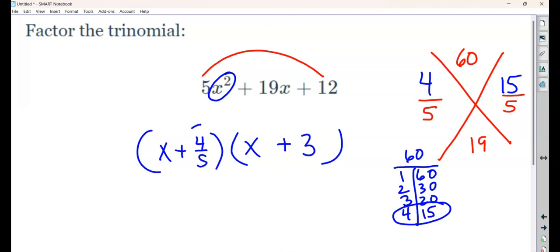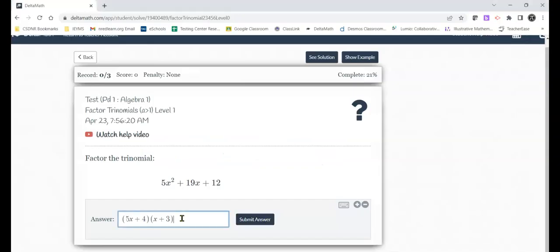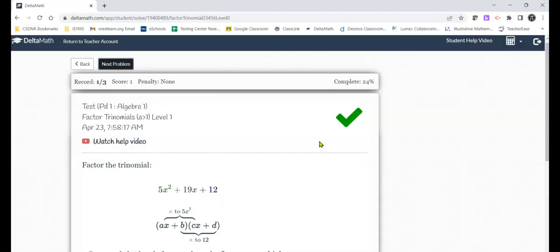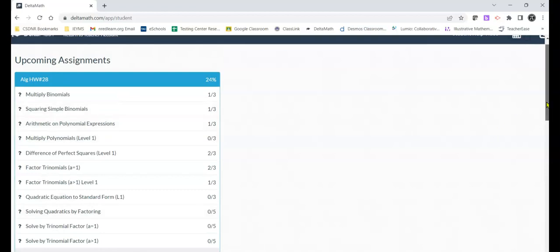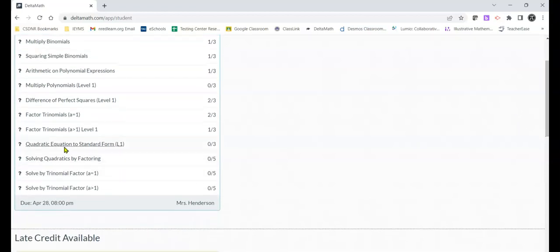And if you can't reduce the fraction, like over here, then you take that bottom denominator and you bring it up to become a coefficient. So 5x plus 4 and x plus 3. You type that in your answer box here. Again, in any order, you can commute these items. So now I'm going to move on because that skill will come up again when we start to solve.